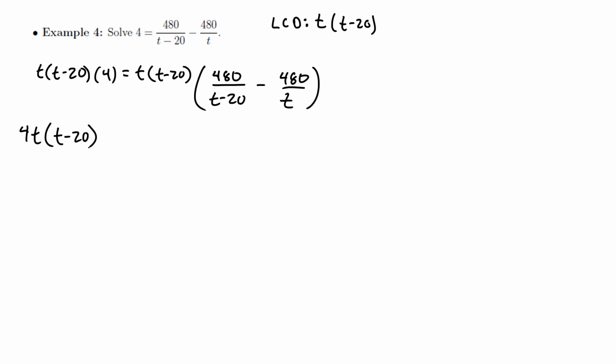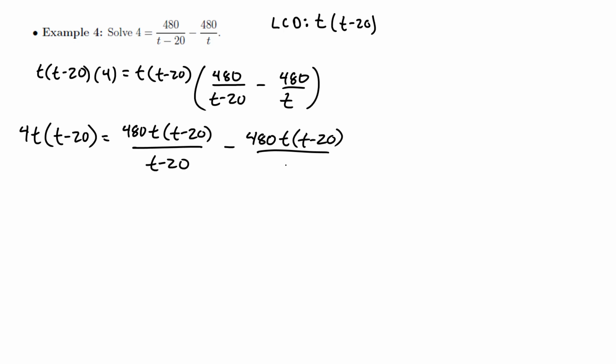Here, I'll distribute through 480t times t minus 20 over t minus 20, 480t times t minus 20 over t. And on the right side, we do get some nice canceling. So my t minus 20s are gone here, my t's are gone here. And so now it's just a bunch of distributing that I need to do.